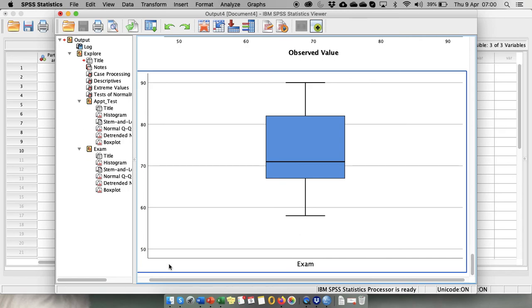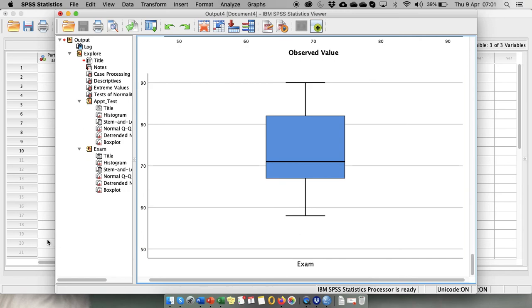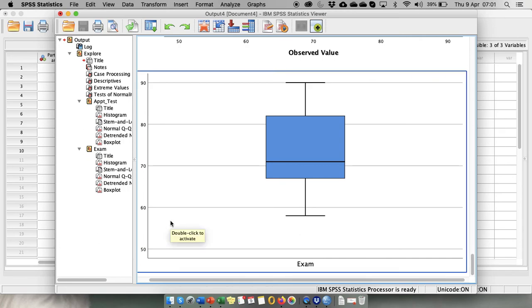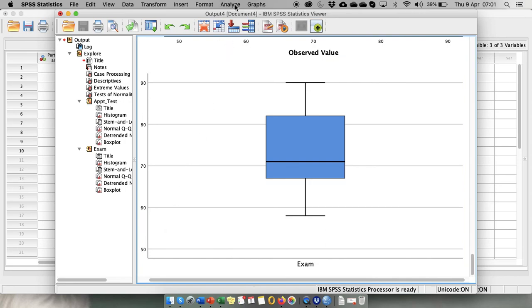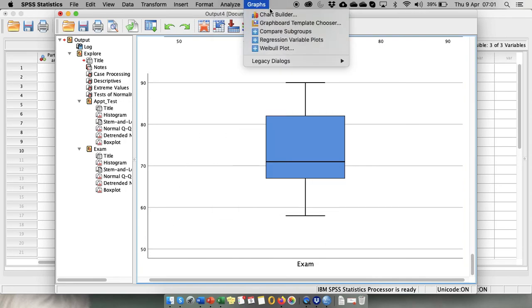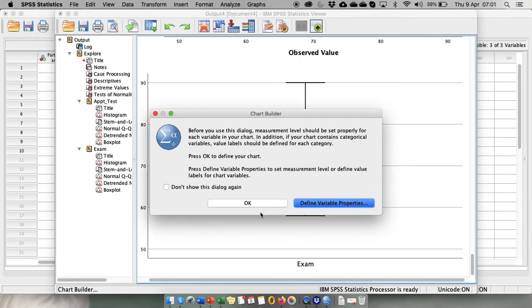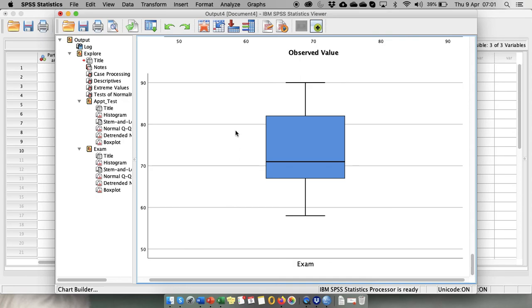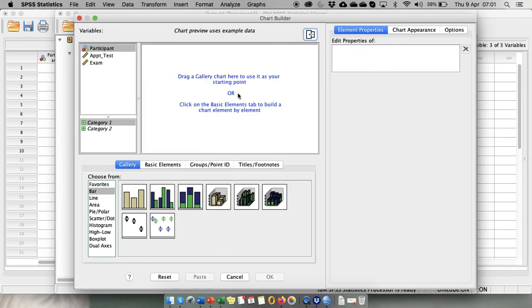The last assumption that we need to check is the linearity of the relationship. So go to Graphs, Chart Builder, and a new window will open.